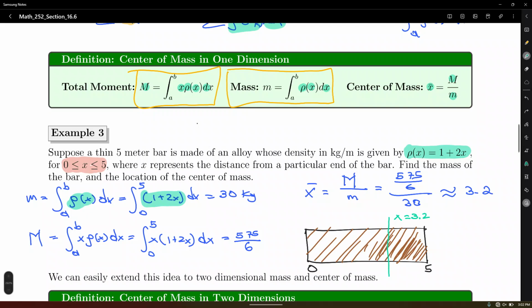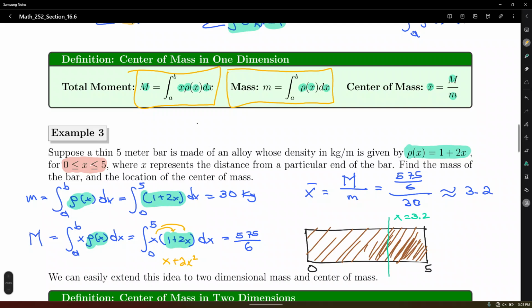To find the total moment, we integrate the density multiplied by x, because moment is mass times distance, and the mass is the density times the length in this case. So that's our density function, 1 plus 2x, times x. We distribute the x, creating another polynomial, and integrate x plus 2x squared between 0 and 5, which gives us 575 over 6.